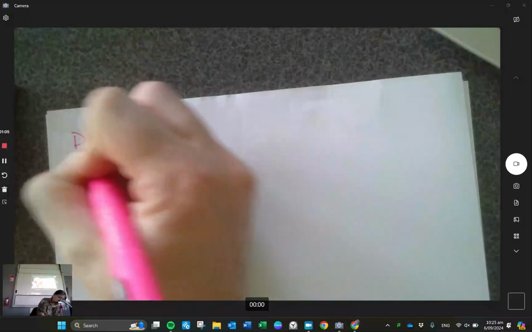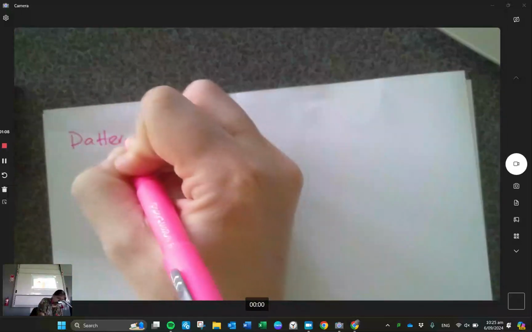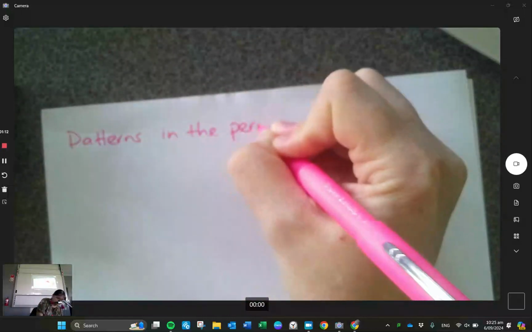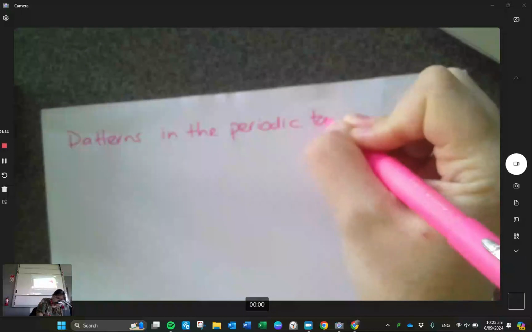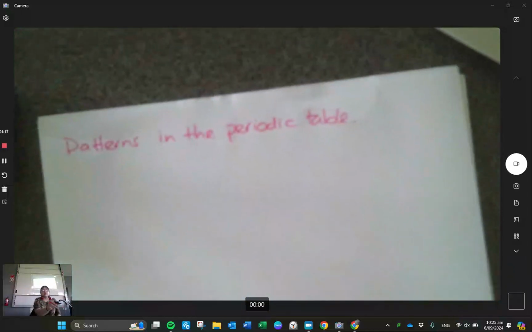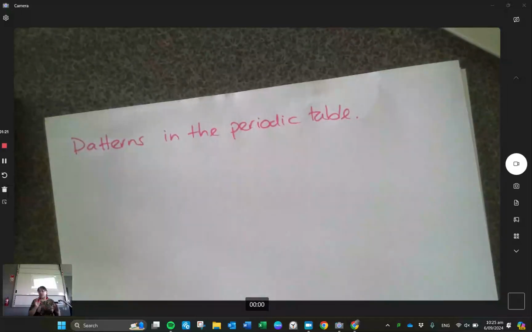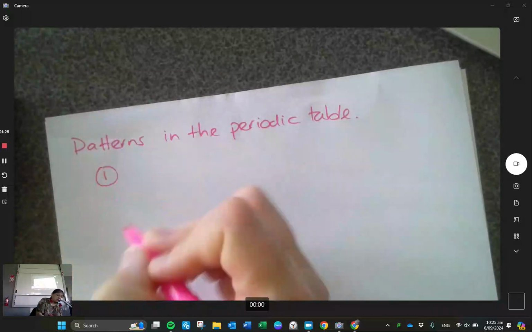So first thing, let's talk about the periodic table. What we are looking at is patterns in that periodic table and trying to explain them. There's going to be 3 patterns that they're going to be looking at. Okay, so the first thing we're going to be thinking about as a pattern is going to be electronegativity, which we briefly talked about last year.